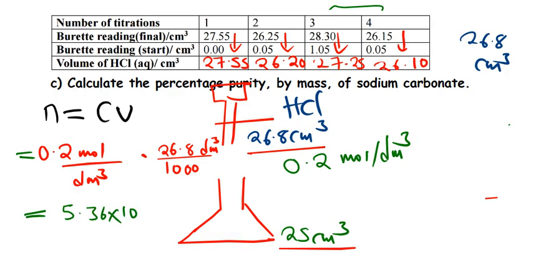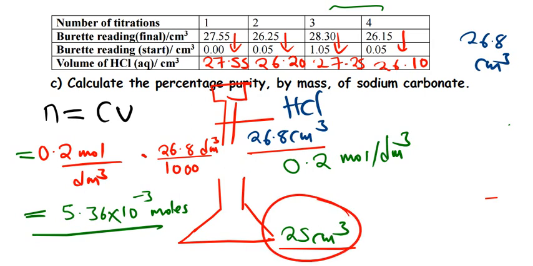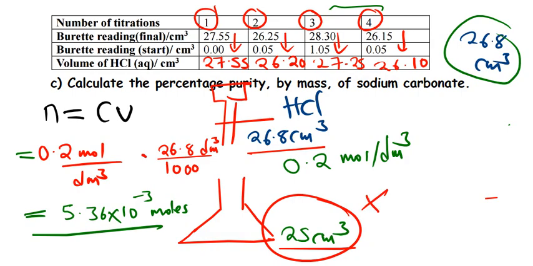These are the number of moles that were required by just 25 cubic centimeters. That's one thing you need to know. The mean titer is just a representation of an average value that each portion of the 4 requires. So in essence, it's just required by 25 cubic centimeters.